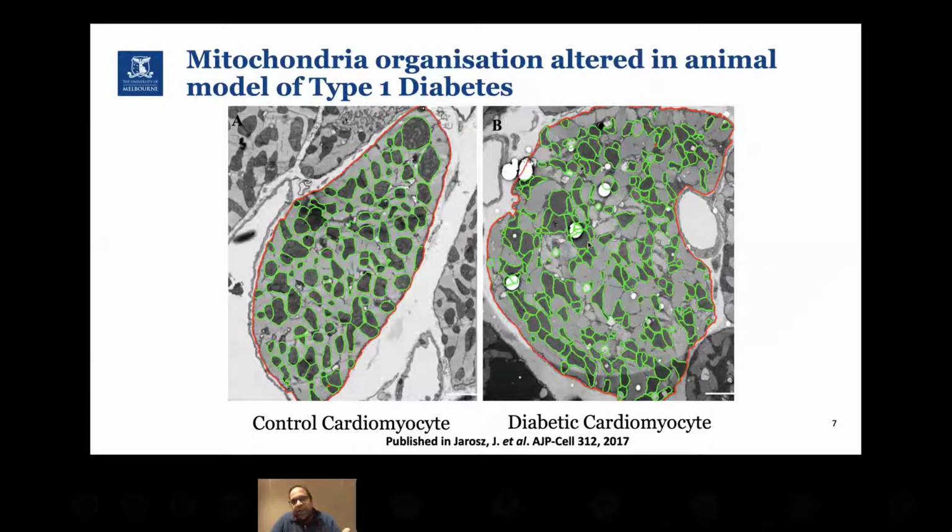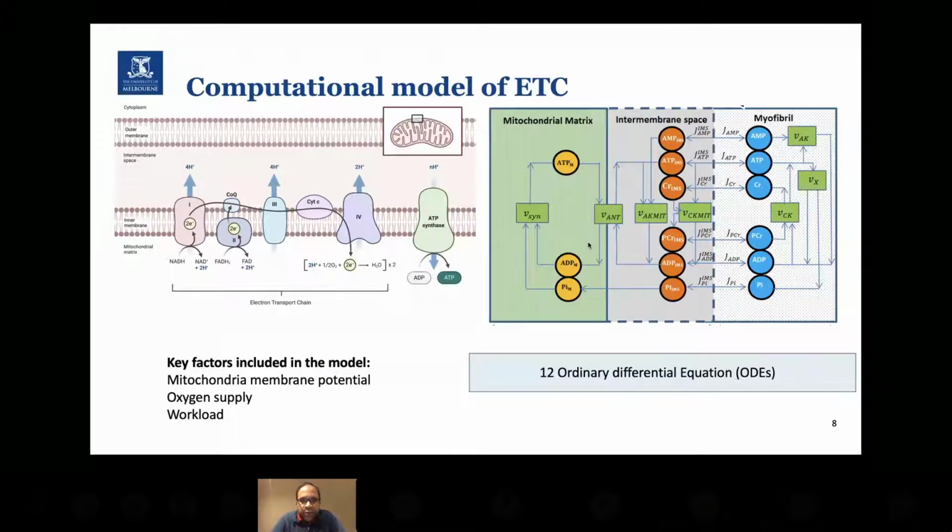Because ATP produced by mitochondria needs to be delivered to the myofibrils in a timely fashion so that the heart can beat effectively.